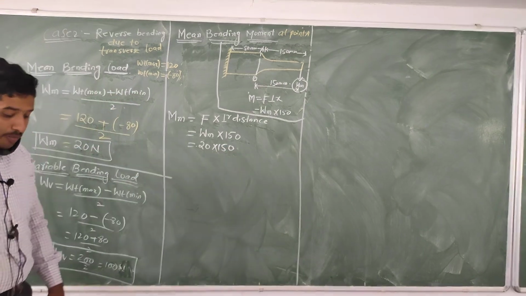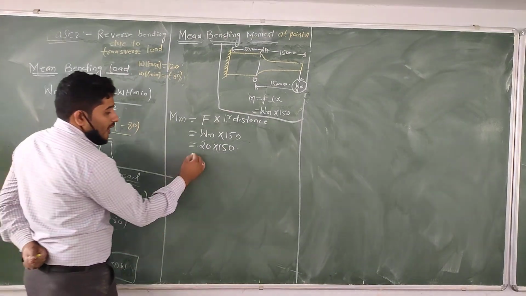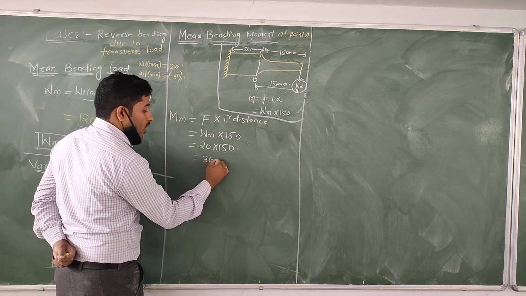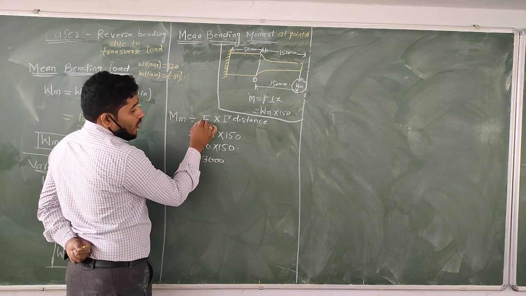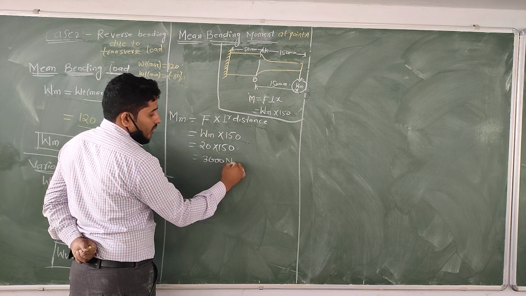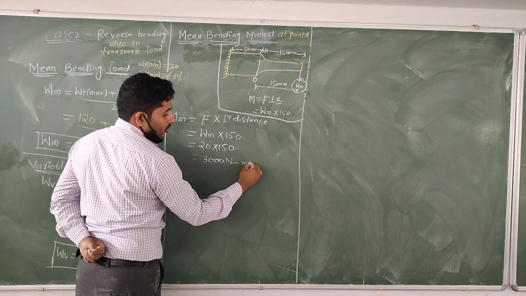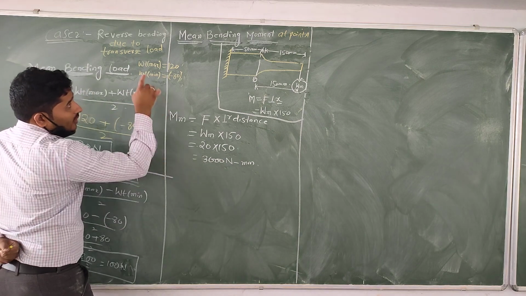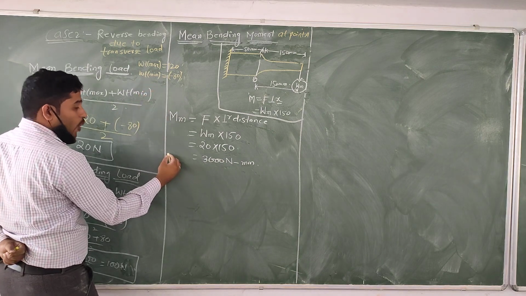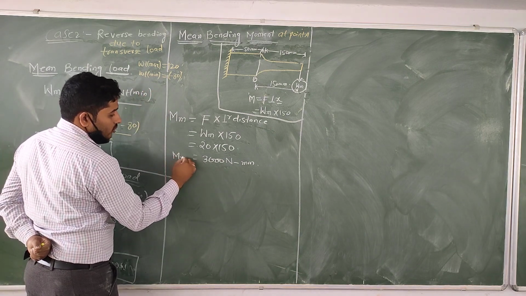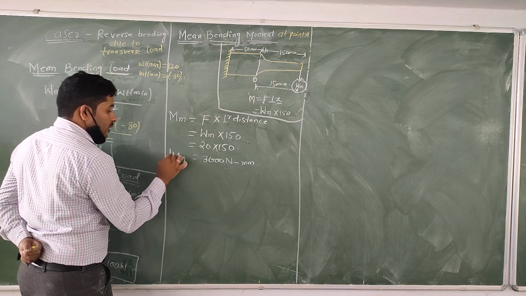If you multiply, then you will get the value 3000. So what will be the unit? The unit of force is Newton. The unit of distance is mm. Then the mean bending moment at point A is 3000 Newton mm. Is it right?